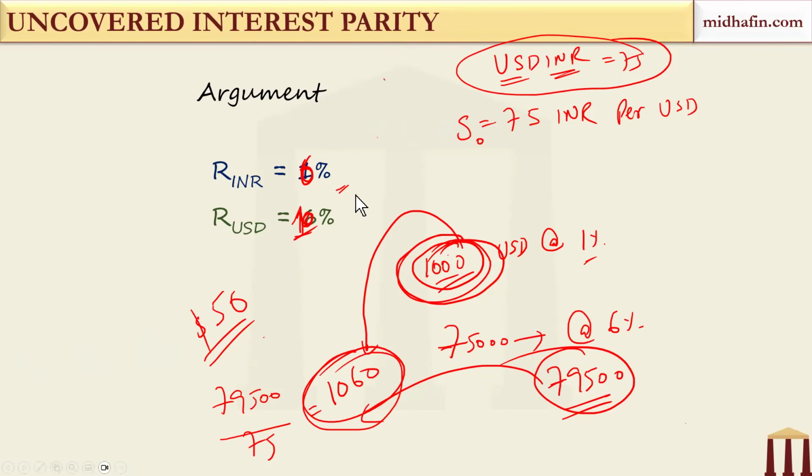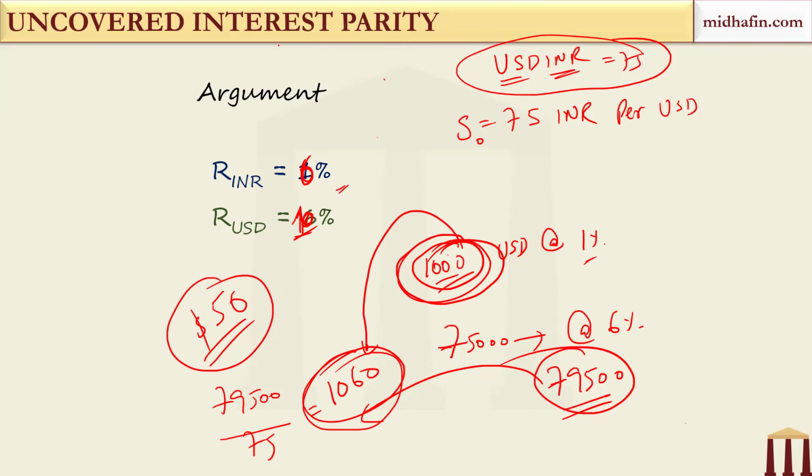I said that since this is not possible, this should not happen. Otherwise, every investor will only invest in India. Every US investor will invest in India, na? Right, Rohit? So that is why this high interest rate of India, 6%, should be somehow compensated for, or offset by a depreciation of the Indian currency against the US dollar.